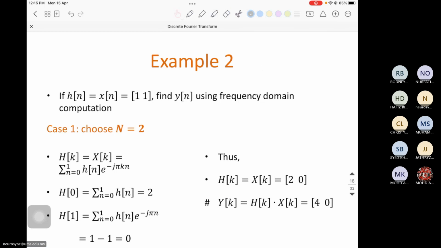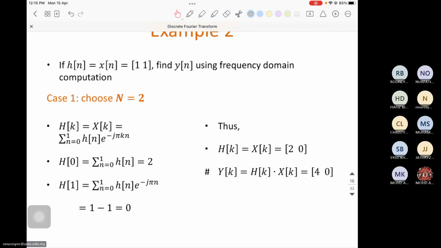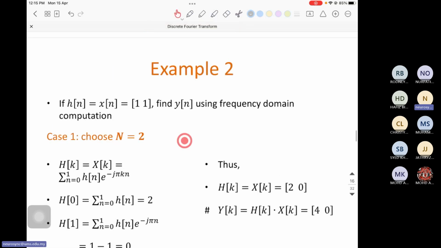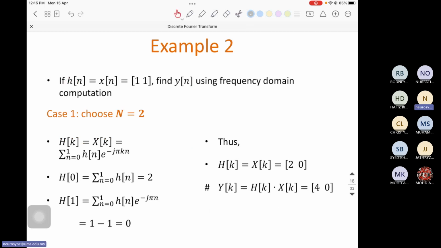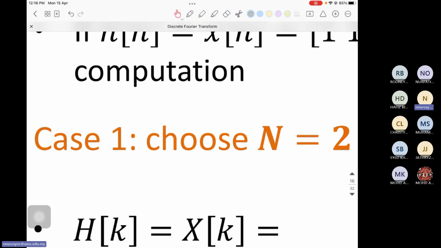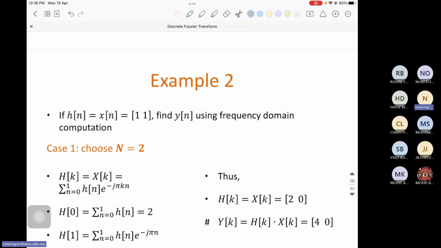Now, suppose I have h of n, which is equal to x of n. This is another example where h of n and x of n are given. This is equal to 1 and 1. The sample size is 2 here. What is asked here?